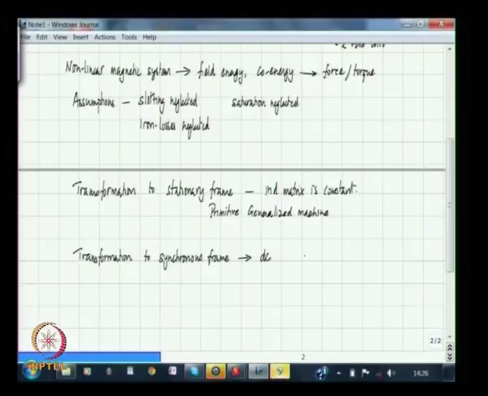In an induction machine, for example, you could attach yourself to the rotor, in which case you have a rotor attached reference frame, or the synchronous reference frame or stationary reference frame. And if we choose the synchronous reference frame, we saw that all the variables became DC, and then we found that the synchronous reference frame offers us more benefits as well.